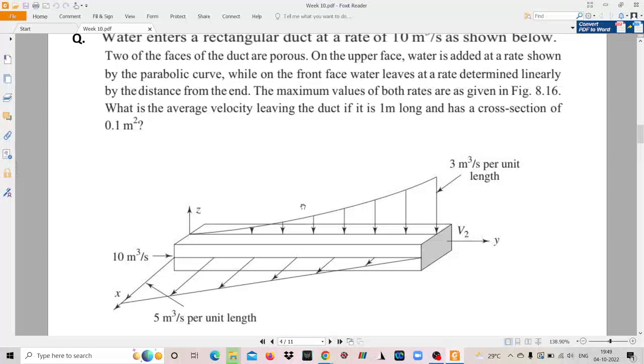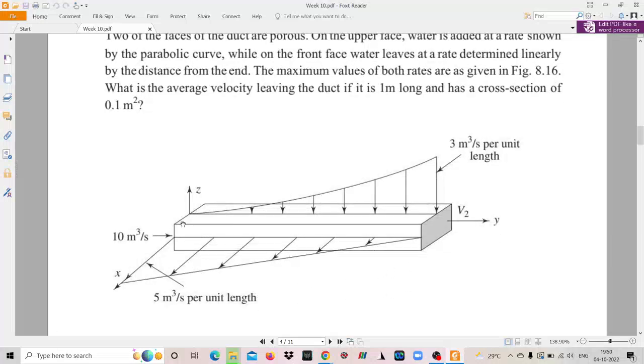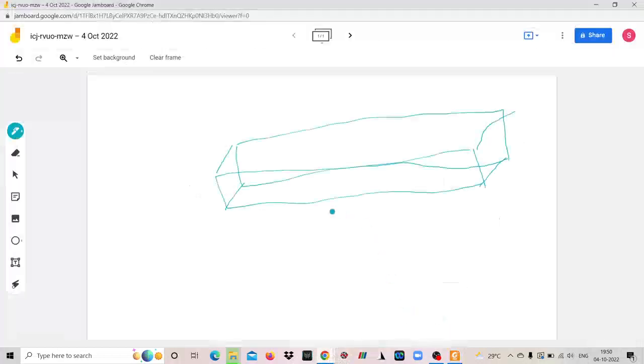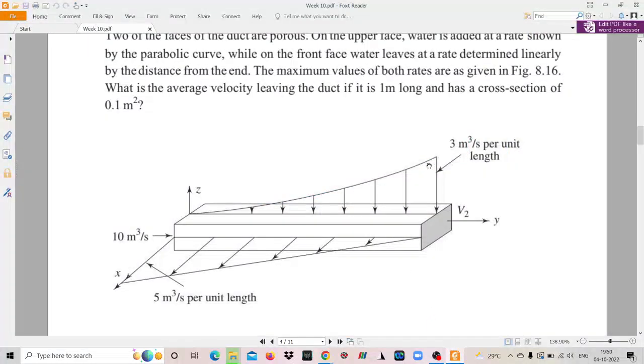The top face of this rectangular duct or pipe is porous, and the front face is also porous, as shown in this figure. Through the top face, water is entering following a parabolic distribution such that here it is 0 and here it is 3 meter cube per second per unit length.